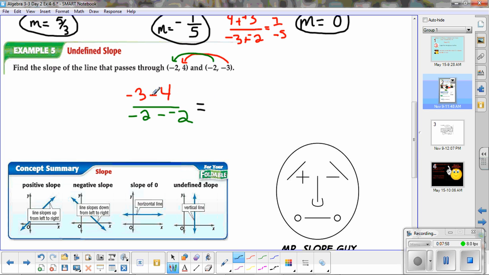Negative 3 take away 4 is negative 7, and negative 2 minus negative 2 is 0. And anytime you try to divide by 0, that does not work. So this is going to be a slope that is undefined.